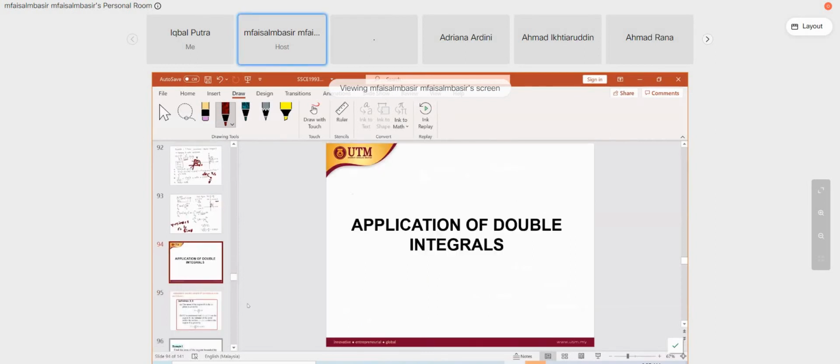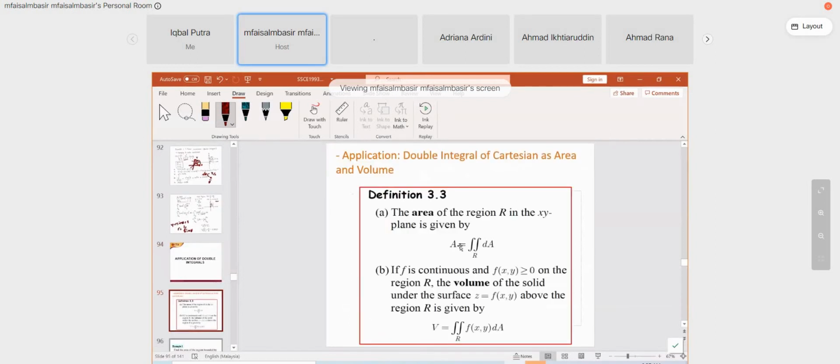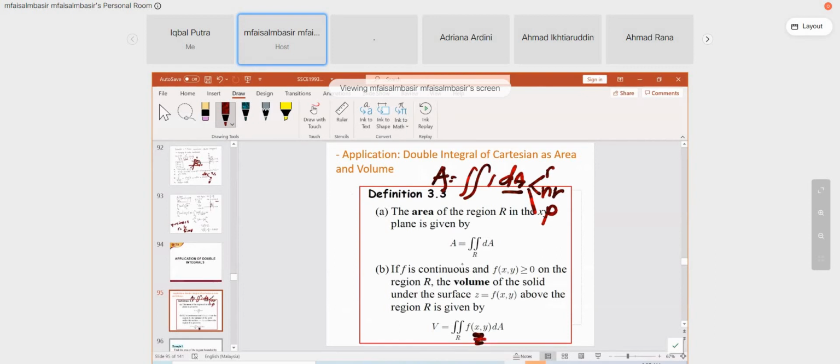Application of double integral. Application is nothing. Area is double integral 1 dA. Remember, area is double integral 1. So dA can be rectangular, non-rectangular, or polar. Volume is double integral f(x,y) dA or z dA.